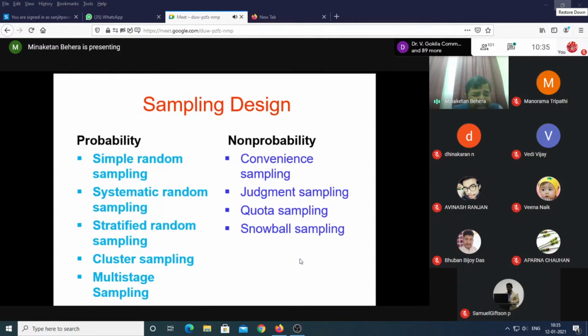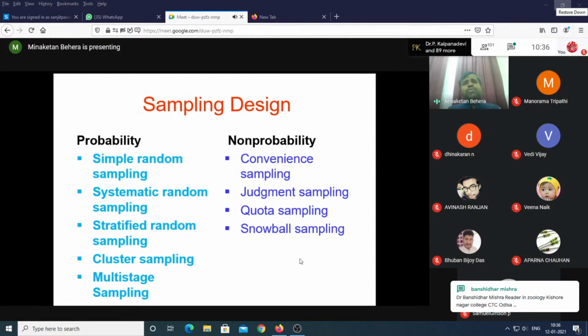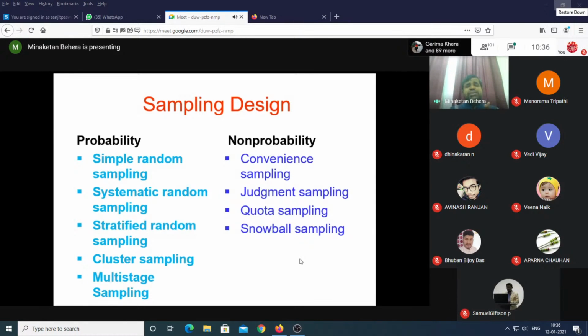So in cluster sampling, you divide the total on the basis of geographical area. Suppose you want to work on Delhi slum areas. On the basis of geography, you divide the total area into south, east, west and north, four parts: part one, part two, part three, part four.